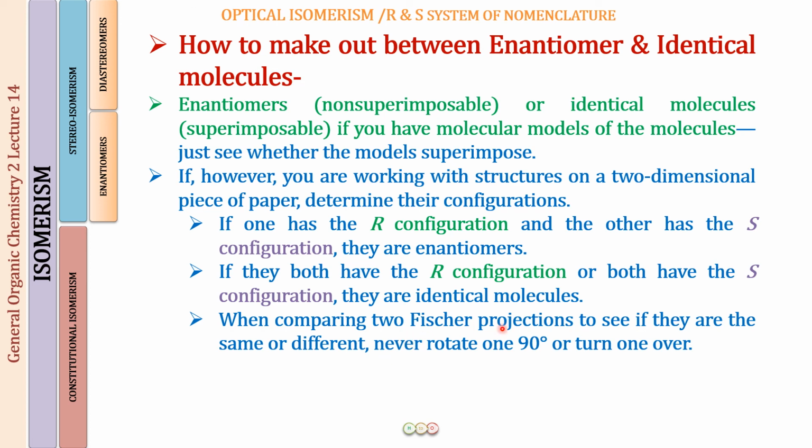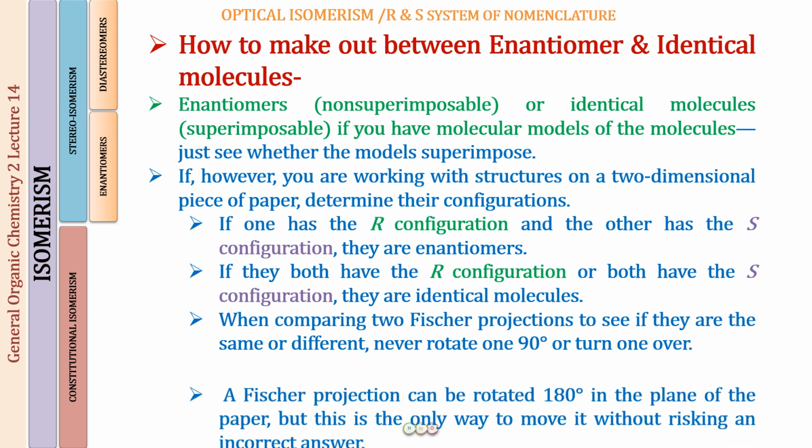When you are going to compare two Fisher projections to see whether they are same or different, well, do not rotate one a 90-degree angle or do not turn one over. This you will be able to appreciate when you are going to see further the examples in the Fisher projection.